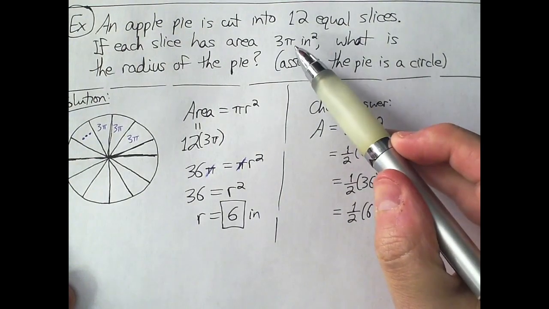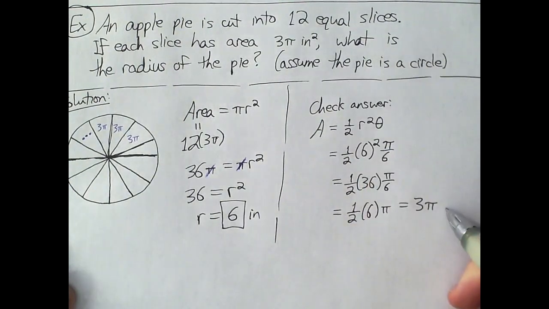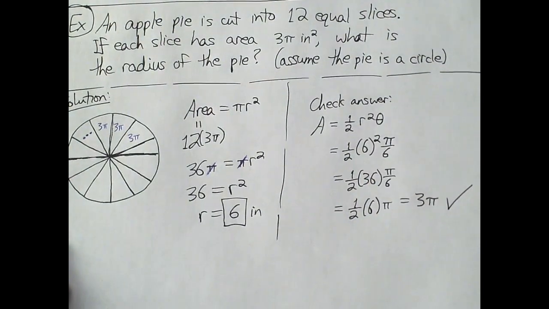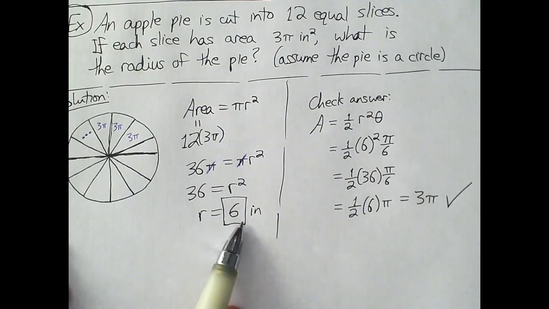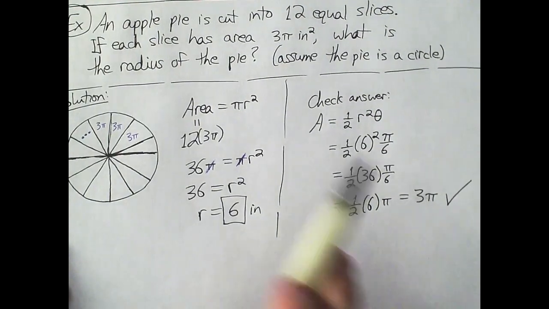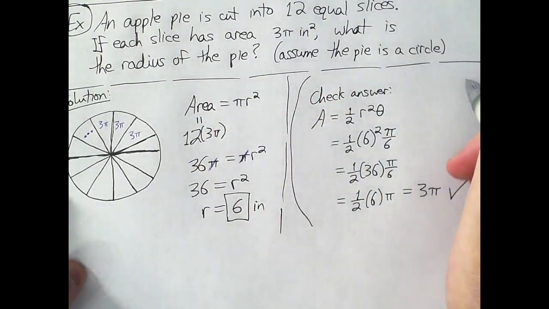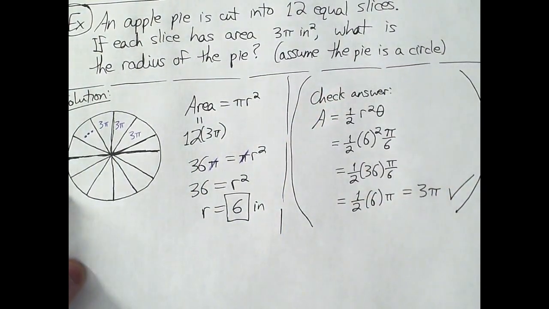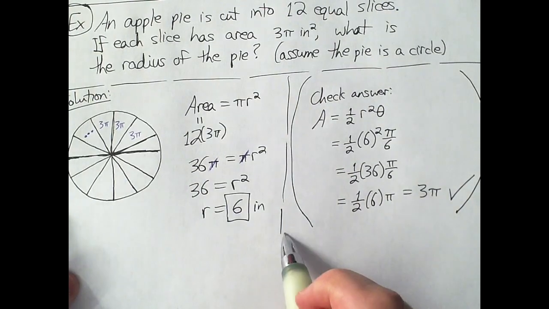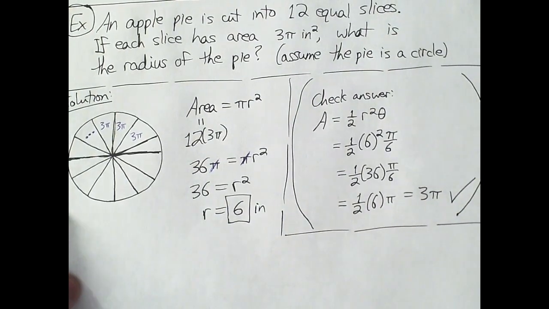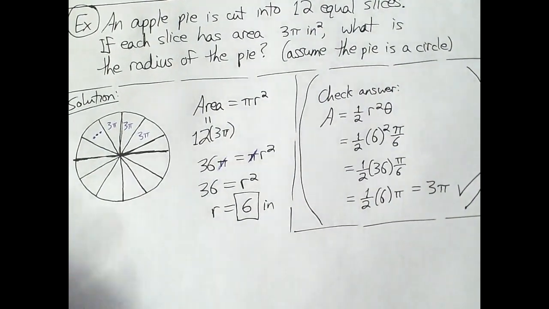I was checking to see if I would get this, and I did. Everything checks out. So if the radius is 6 inches, then we do get the correct area of a slice. This was optional, checking our answer. But it's one of the nice things about math classes that if you have time, sometimes you can check your answer.